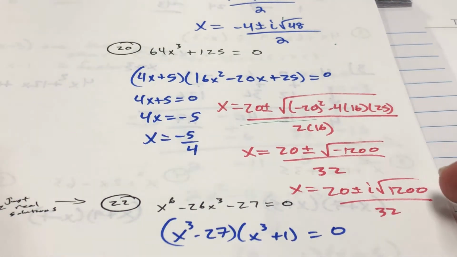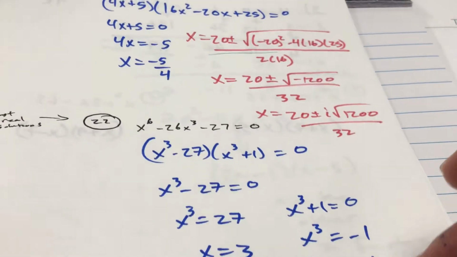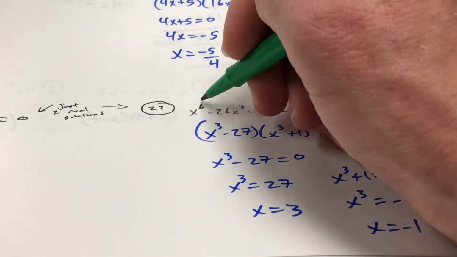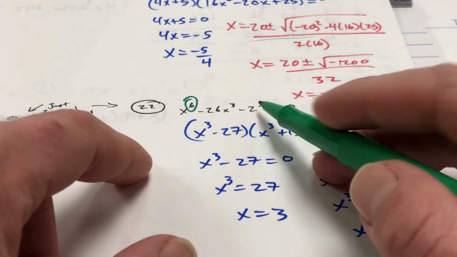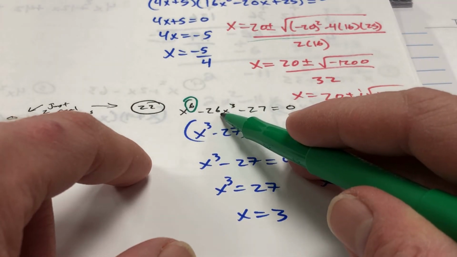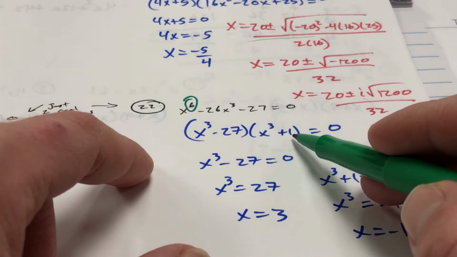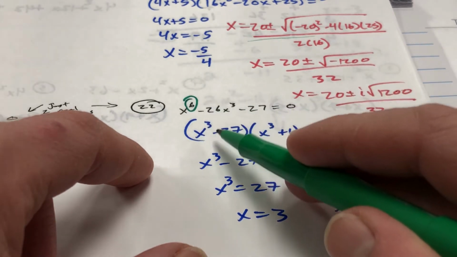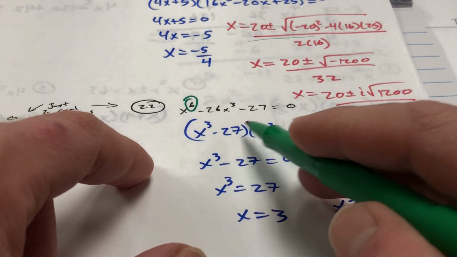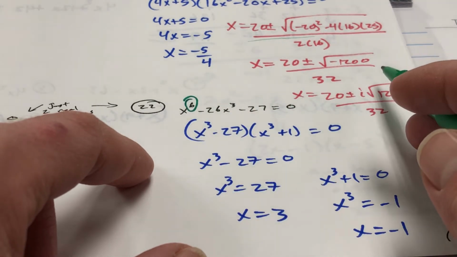Thankfully, on number 21, I just need to find the two real solutions, or else I'd be using the quadratic formula twice. So this is going to have 6 actual answers. 2 of them are going to be real. What multiplies to 27 and differs by 26? 27 and 1. The middle term is negative, so the bigger factor is negative. How do I get x to the 6? It's x to the third times x to the third.